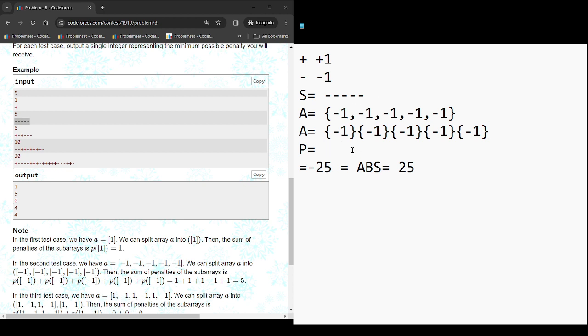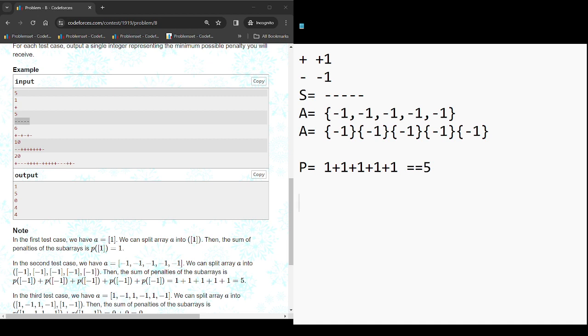For each array the absolute sum is 1 and the length is 1, so 1 into 1 is 1, and again 1 into 1 is 1, five times. So the answer is not 25, it will be 5. Here the penalty is minimized.